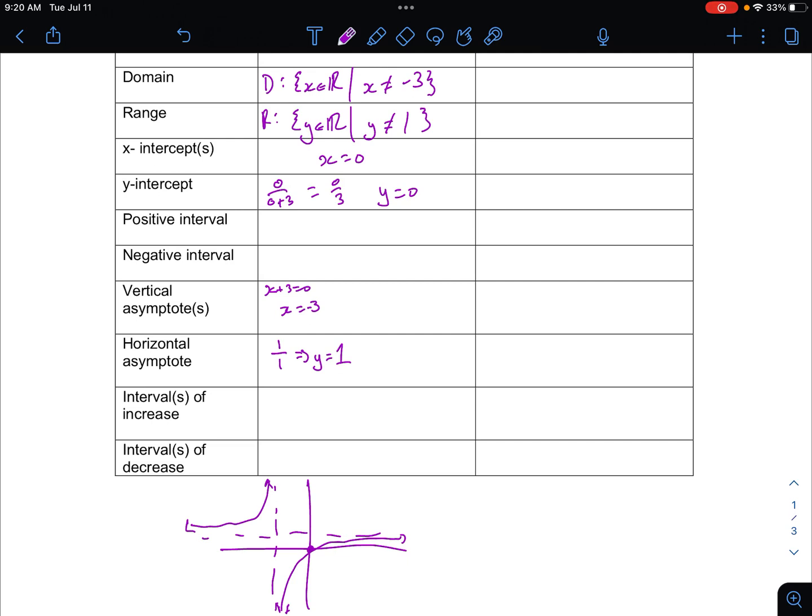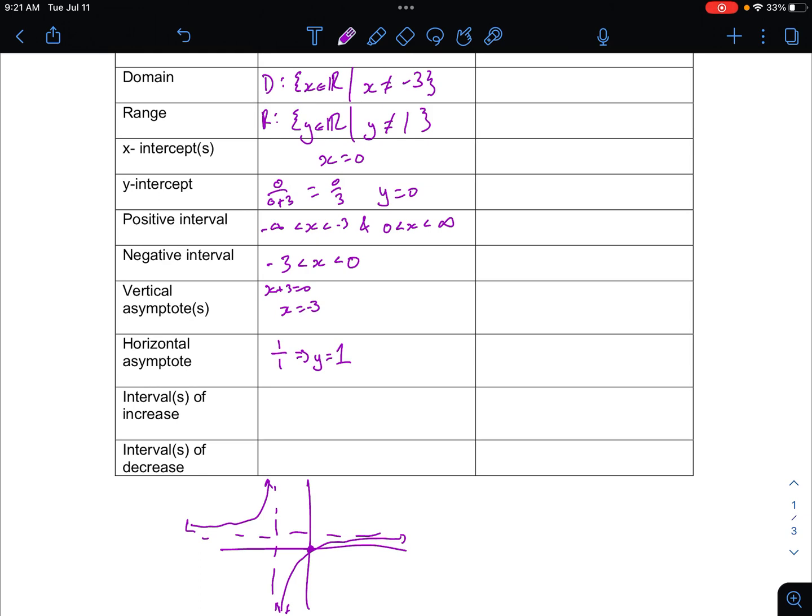Well, it's negative every time x is greater than negative 3, but less than 0. And my positive intervals are from negative infinity all the way to negative 3, not including it, and from 0 to positive infinity.